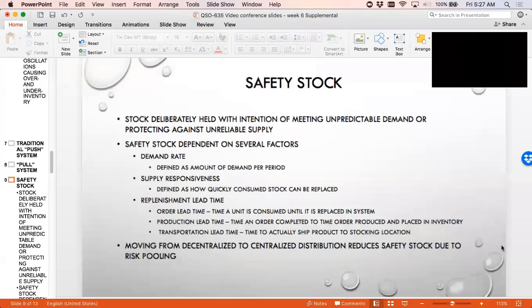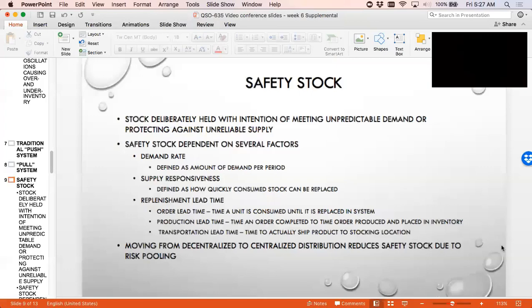And when we set safety stock, there's a nice equation that they use in 42, which is very helpful. We have three factors that we consider. We consider the demand rate, how much demand per period. Response is basically how quickly we are able to replace the stock. This deals with our lead time, the replenishment lead time, which has three factors inside.